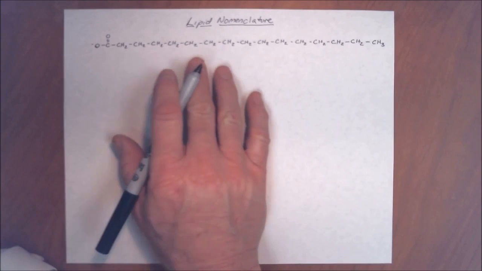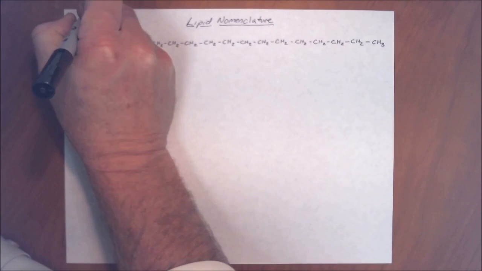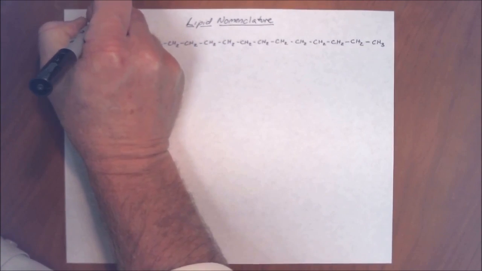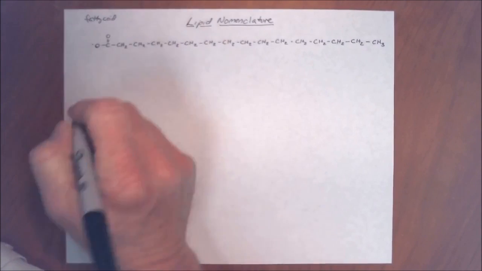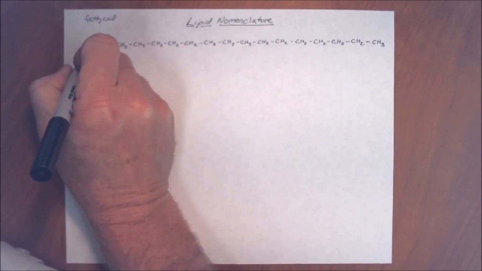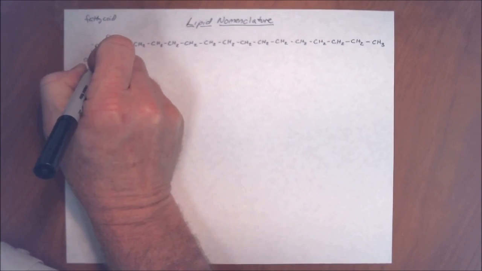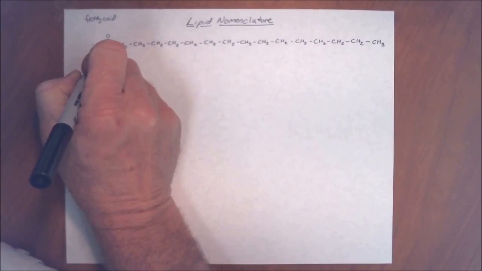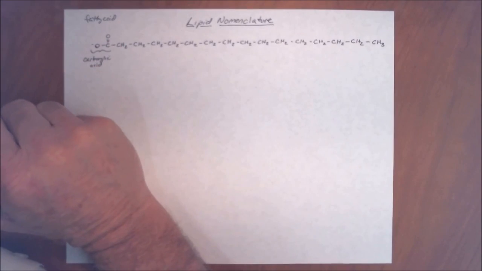So the basic structure of a fatty acid is shown here. A fatty acid, because it's an acid, consists of a carboxylic acid at one end.